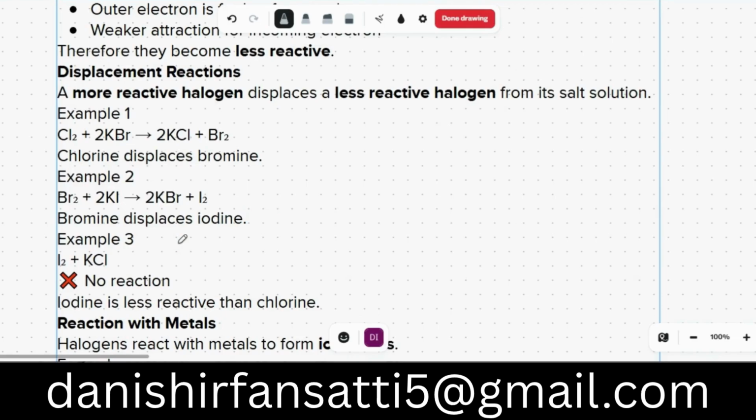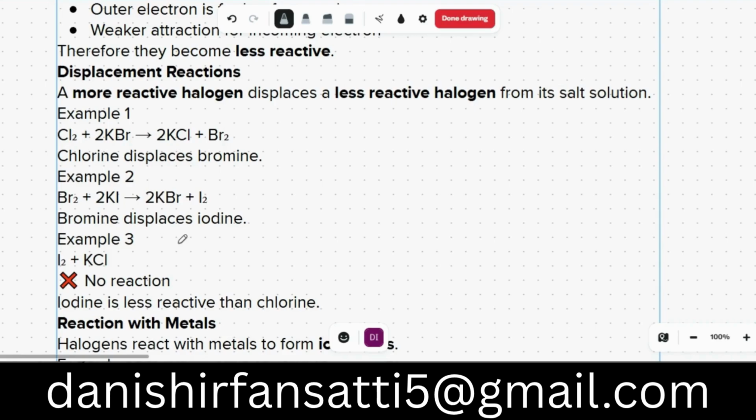Displacement reaction: a more reactive halogen displaces a less reactive halogen from its salt solution. An example is chlorine with KBr, that is potassium bromide. The chlorine will replace bromine because chlorine is above bromine, and it is more reactive than bromine, so it will replace it. Okay.